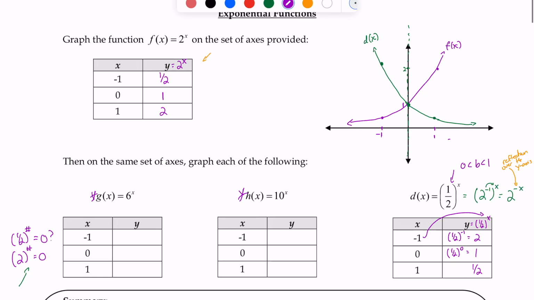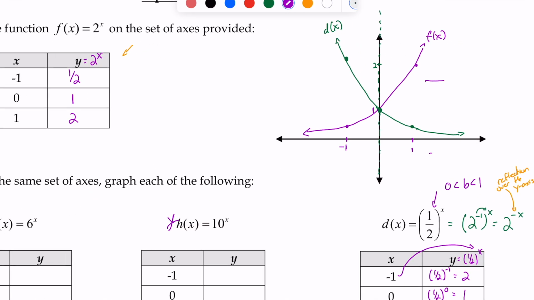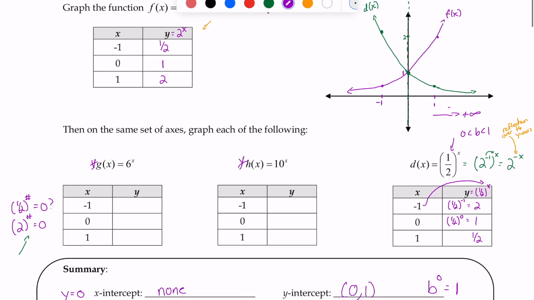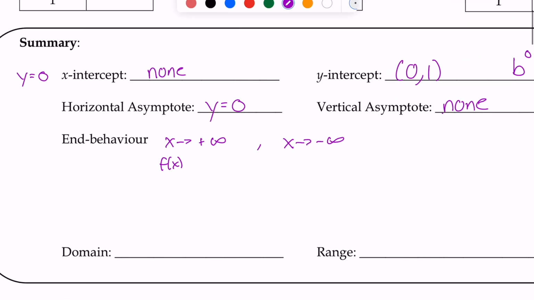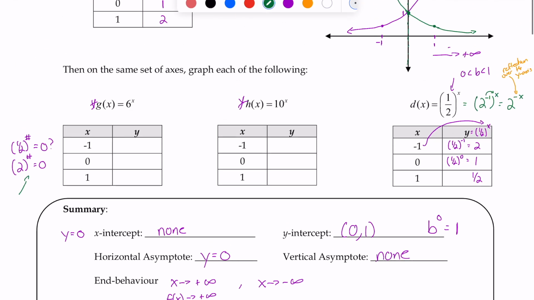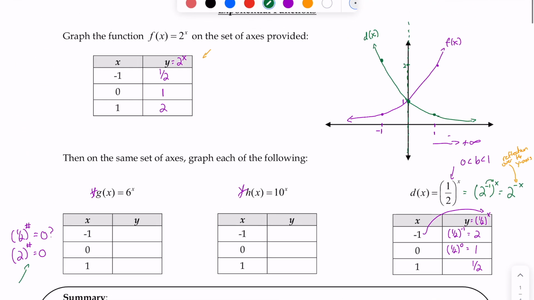As we looked at f of x, we can see that as you go to the right of the graph, you are going up forever. So as x goes to positive infinity, f of x also goes to positive infinity. But d of x, as you move towards the right, you can see we're getting smaller and smaller.